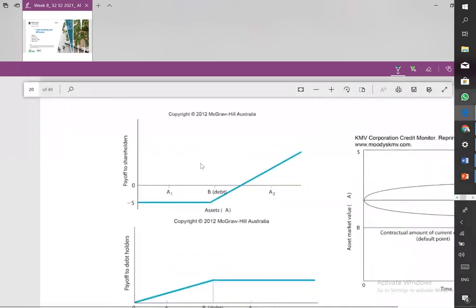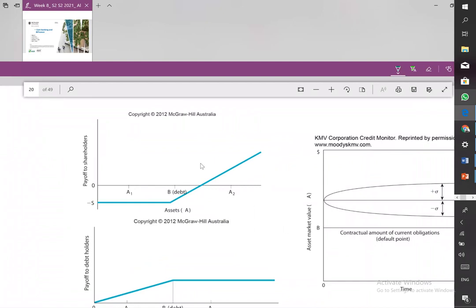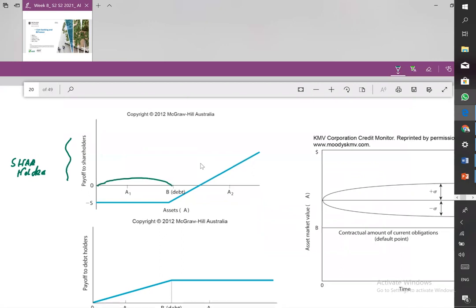So if this is the value of the company, this is the payoff from the shareholders' perspective, the shareholders who take the loan. The value of the company can be A1 or A2, and this area here is the debt.